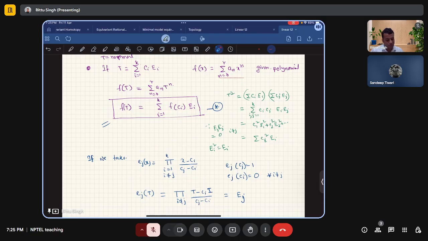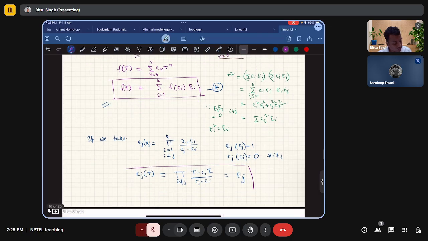Okay, so this gives how to calculate Ej. This formula gives the process to calculate capital Ej. Just apply this ej on T. Otherwise, it is difficult.